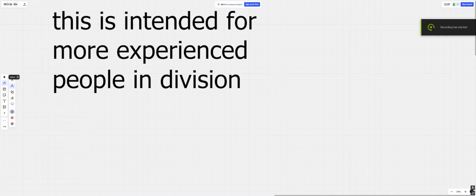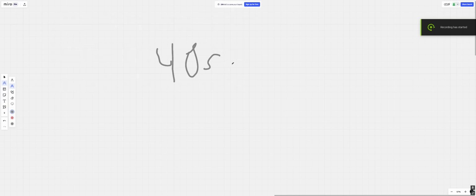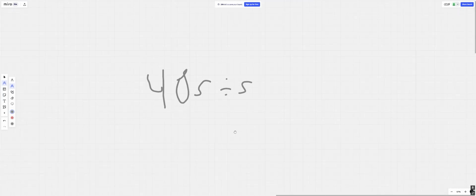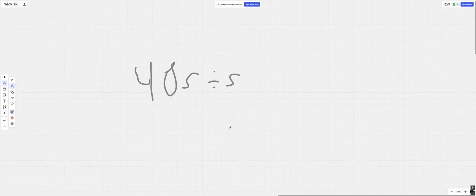Now this is going to be a lot more advanced. You have 485 divided by 5. What I usually do is a method like a cashier giving change would use. So let's see, 5.